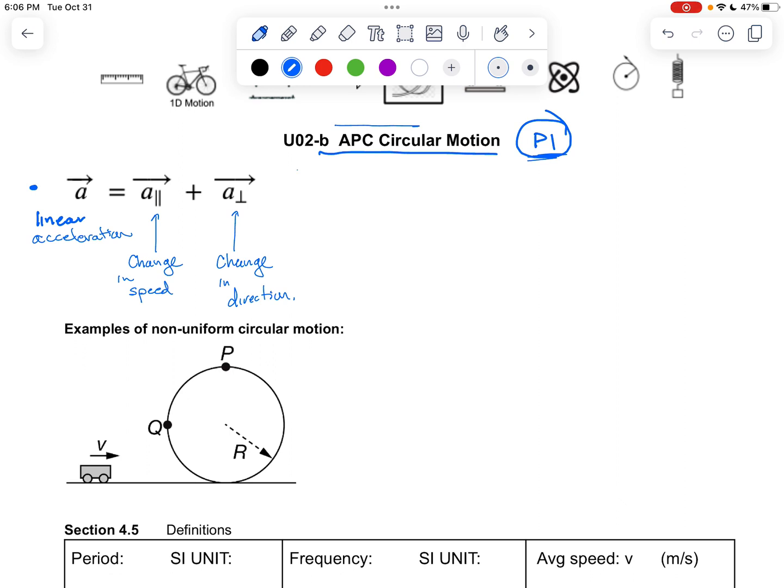If you remember from our kinematics unit, we talked about this idea of the total linear acceleration of an object being a vector sum of the parallel component plus the perpendicular component of acceleration. This parallel component, we associate with the change in speed, and the perpendicular component was associated with this change in direction.